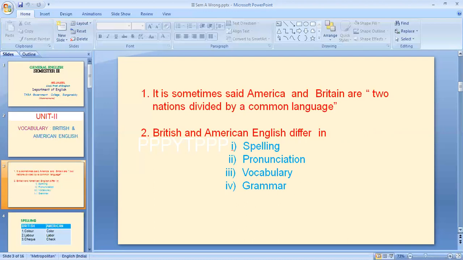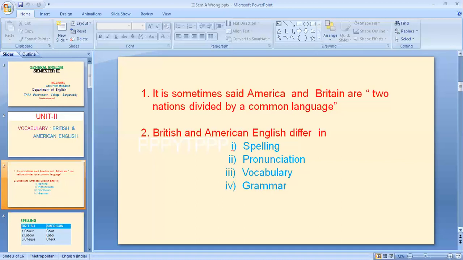Because in history, America was a colony of Britain for many years, and so they have the influence of British people, and apart from Britishers, many other Europeans also migrated to America and settled down there. Because of this amalgam of cultures, a mixture of many varieties of languages, American English differs considerably from British English.